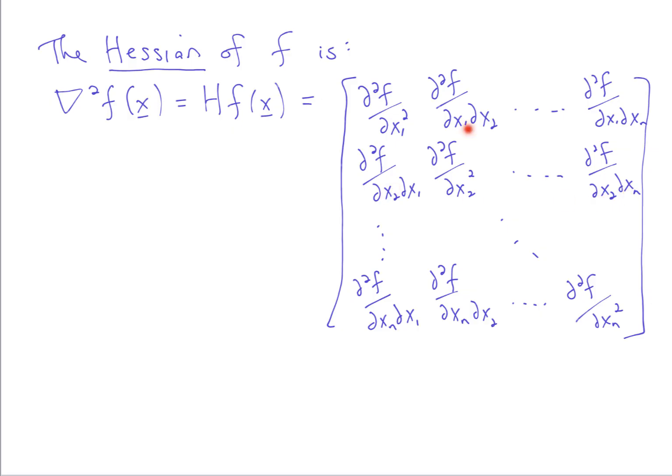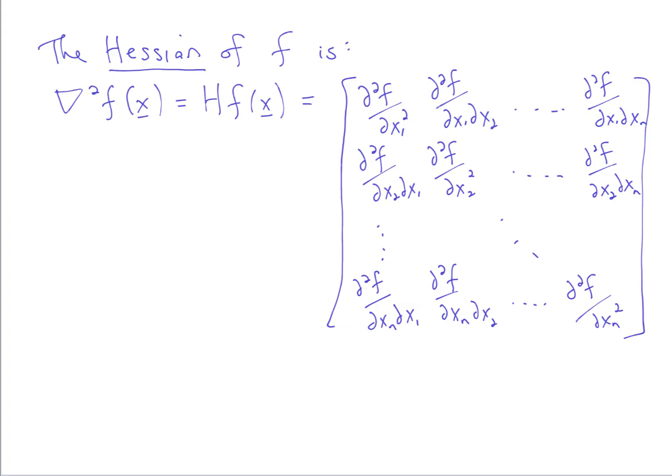You notice that those partial derivatives match the entries in the matrix. So for instance, the n2 entry is the partial of f with respect to xn and with respect to x2. So this matrix is thought of as the vector calculus version of the second derivative of f.